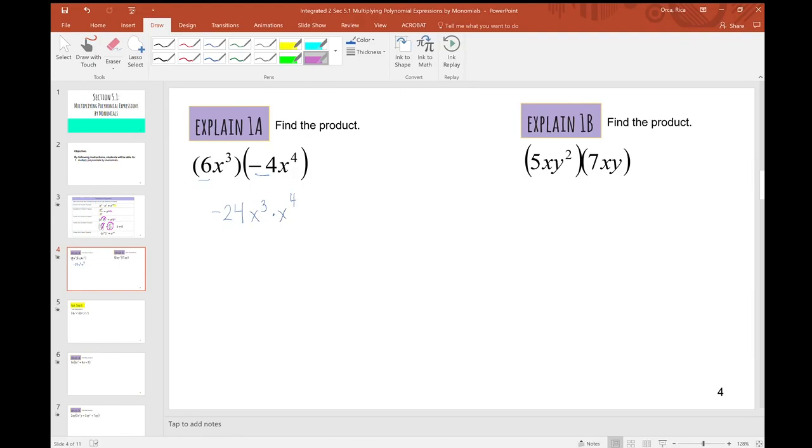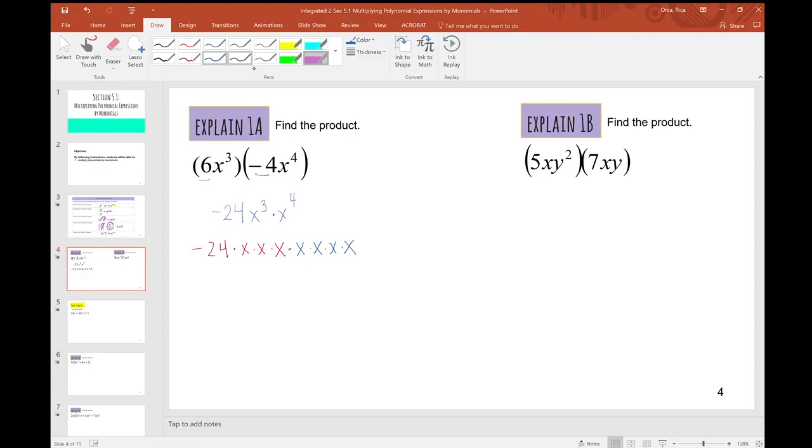Now I'm not going to write it out every single time. I just want to show you why the shortcut works and why the shortcut's necessary. Okay, so let's take this one step further. We have negative 24 times x to the third, that's 3 x's, x times x times x, times x to the fourth, that's 4 x's, x times x times x times x. So let's look at what we have.